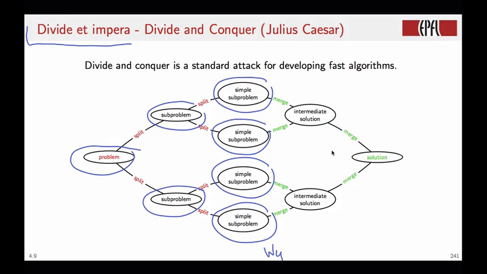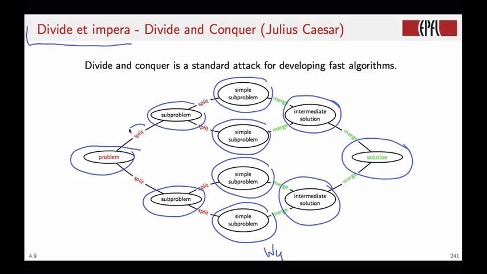Now you have the simple problems, but you split the bigger problems into simple ones. You need a merging operation to get some intermediate solution. You can do this here also. And then you have to undo the split you did here, and that will be the merger, which gives you the solution. Okay? And so the key idea is how to do this split and merge. And if you know how to do it once, then you can do it a second time, and then combine again, and then you have the result.